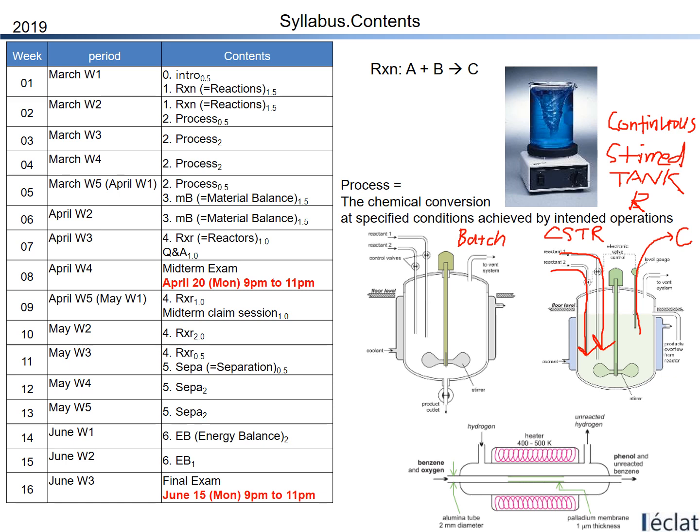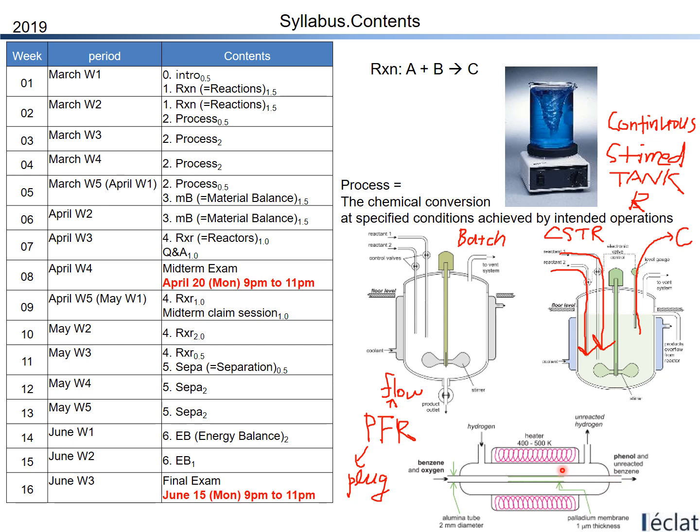The third one is so-called PFR. This is the plug, PLUG, and flow. It looks like a pipe which is surrounded by some heat jacket.